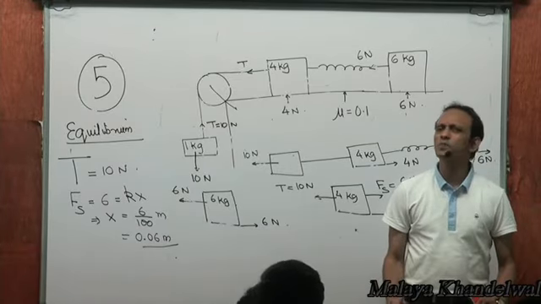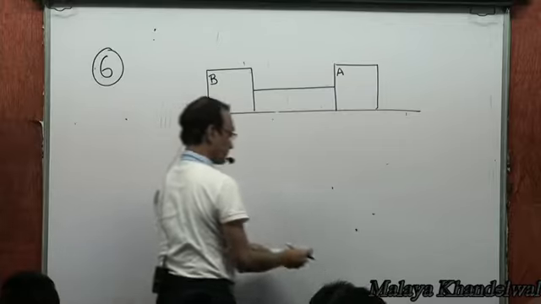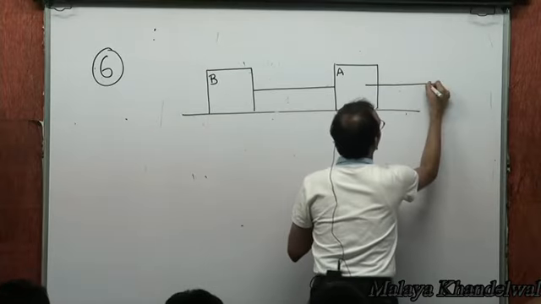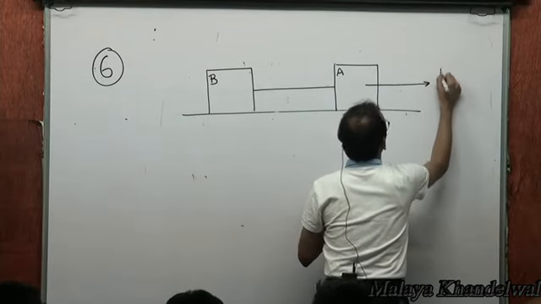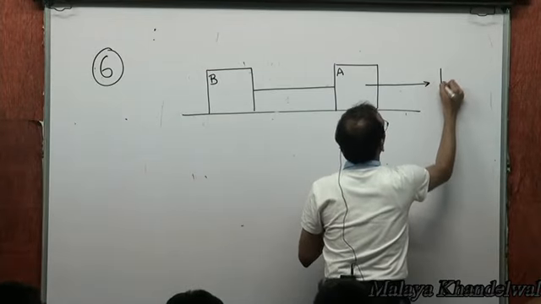This problem is about 2 blocks A and B, and a time varying force applied on A, F equal to t.